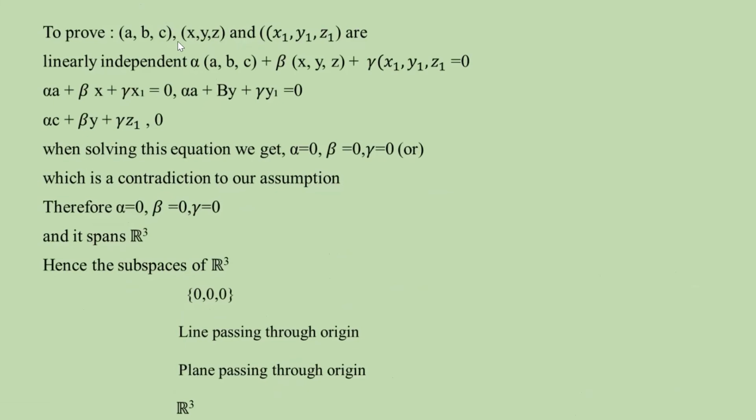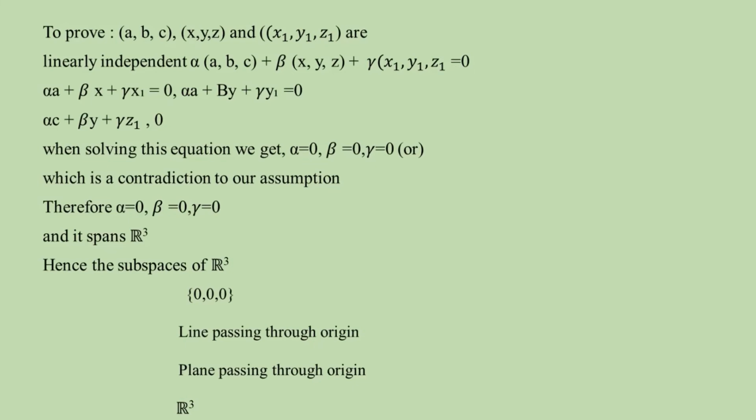So first we claim that (a, b, c), (x, y, z), and (x1, y1, z1) are linearly independent. Let their linear combination equal 0. Therefore alpha times (a, b, c) plus beta times (x, y, z) plus gamma times (x1, y1, z1) equals 0.